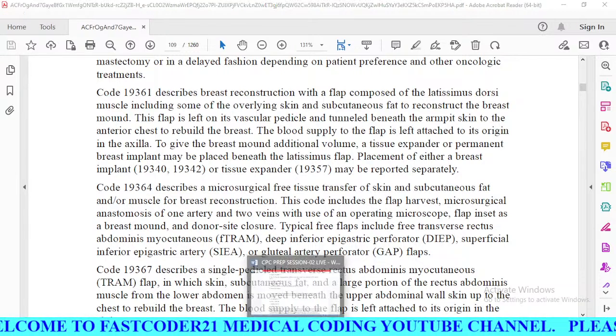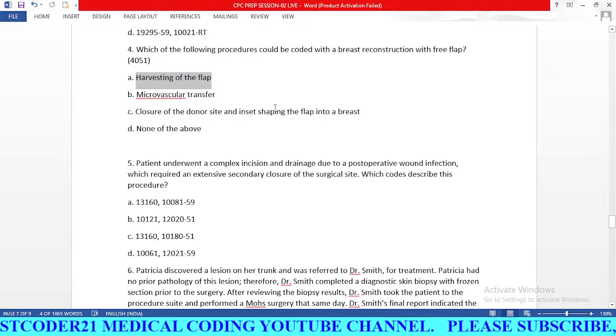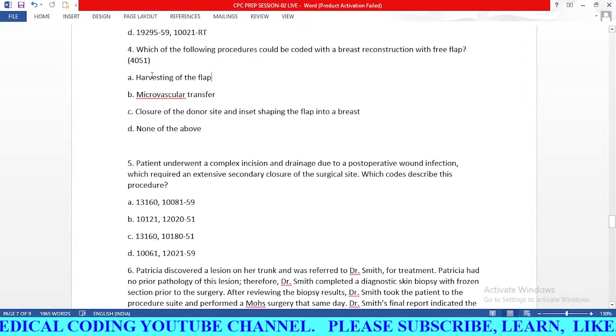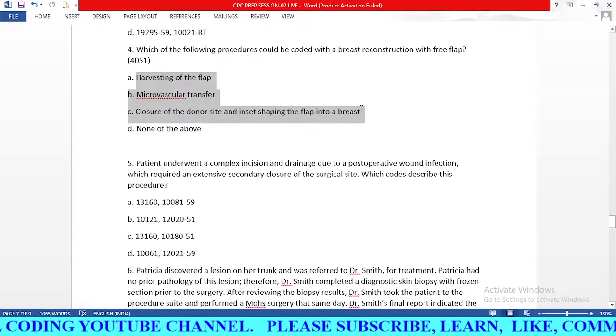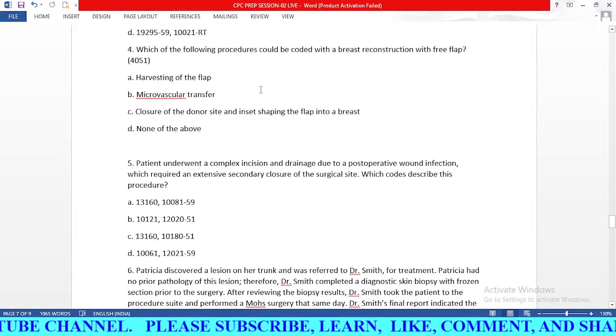So all these procedures are included in 19364. Because of that reason, we can't code any of these codes along with 19364, since all are included in this code.